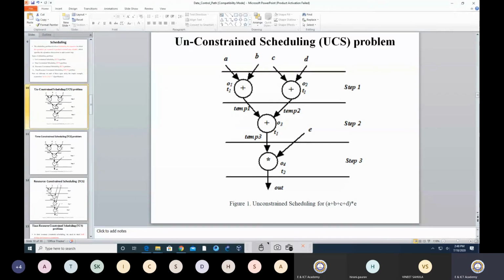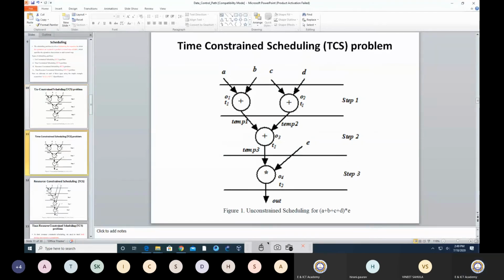Temp 3 is nothing but a plus b plus c plus d, and whatever output I am getting at temp 3 will be multiplied with e. So the temp 1 plus temp 2 addition happens in the second time step, and the multiplication of temp 3 with e happens in time step 3.